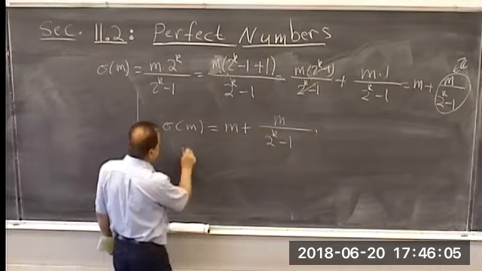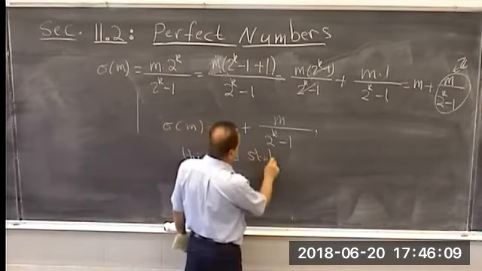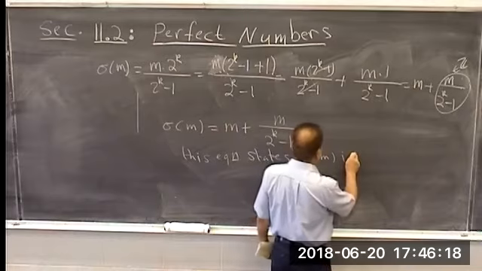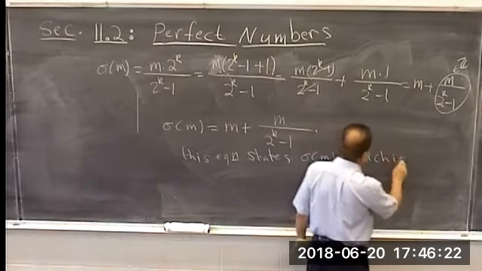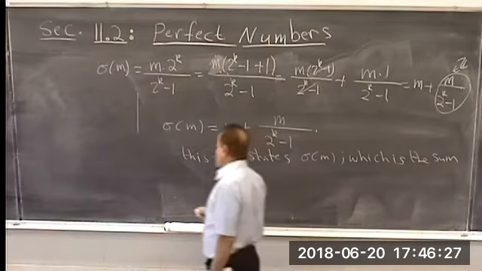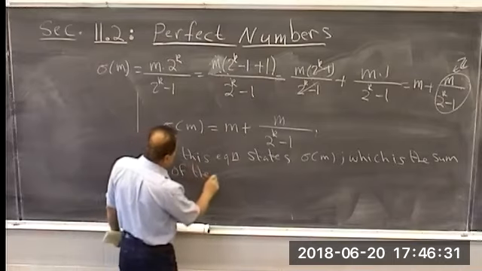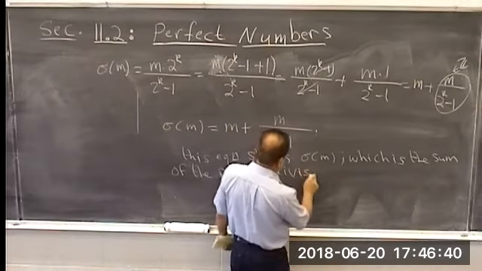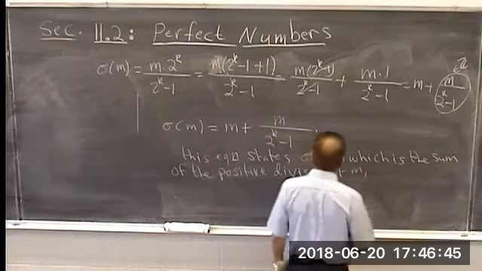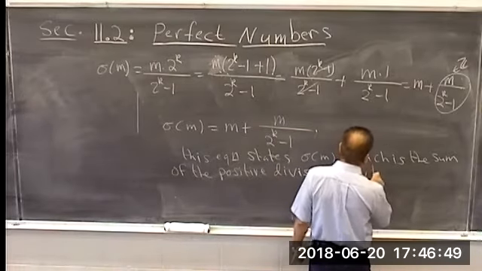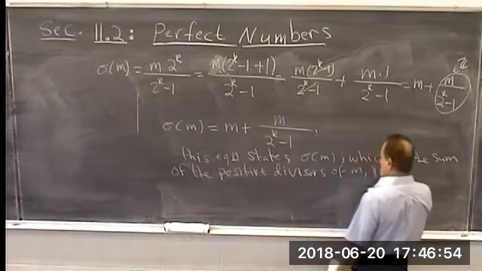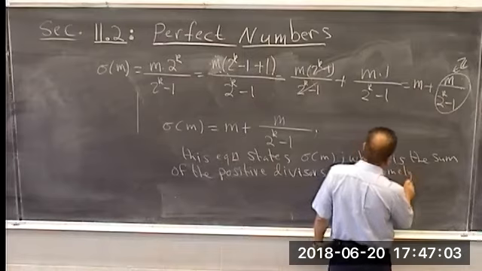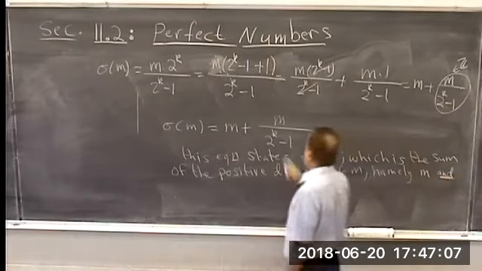So this equation states that sigma of m, which is the sum of the positive divisors of m, is m, and the other divisor is m over them.